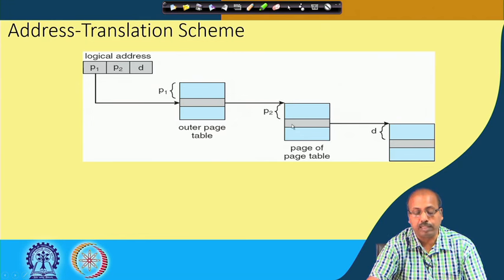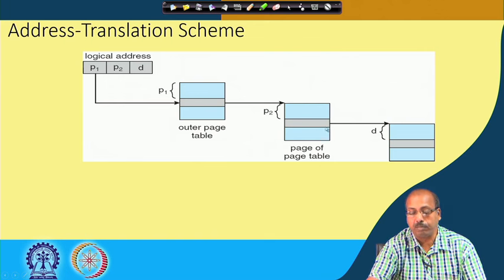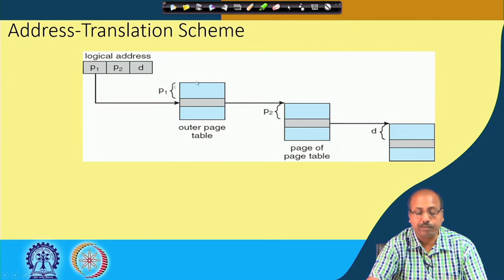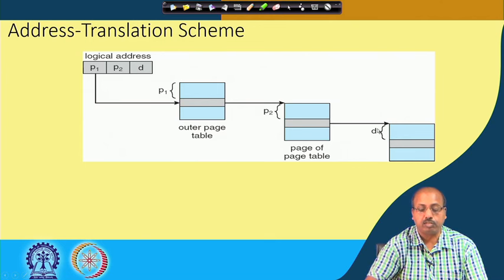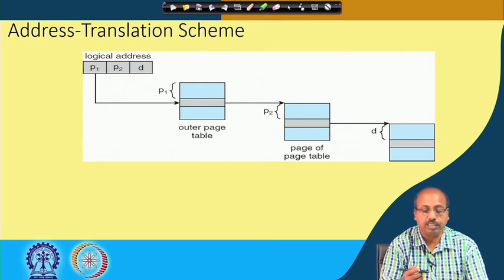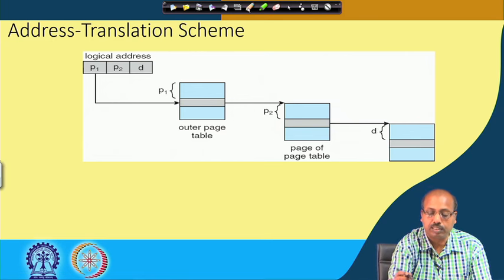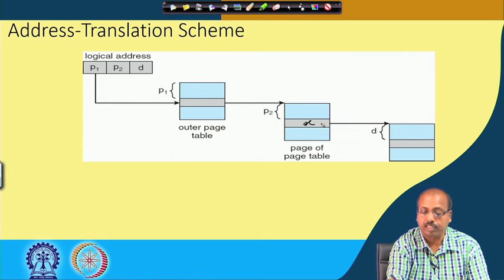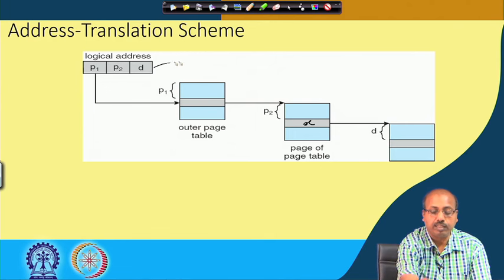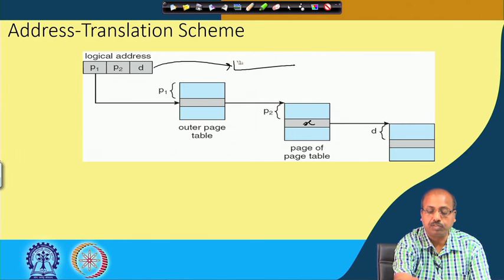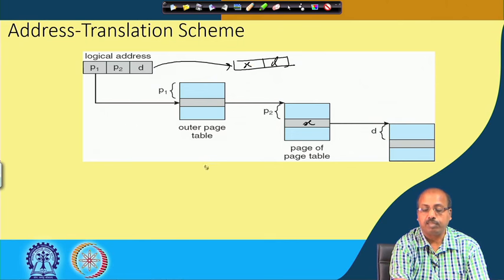That entry contains the corresponding frame number, and that frame number together with D gives me the physical address. Ultimately, if you have this entry as say x, it is converted into a physical address where one part is D and the other part is x, but this conversion is done in two phases.